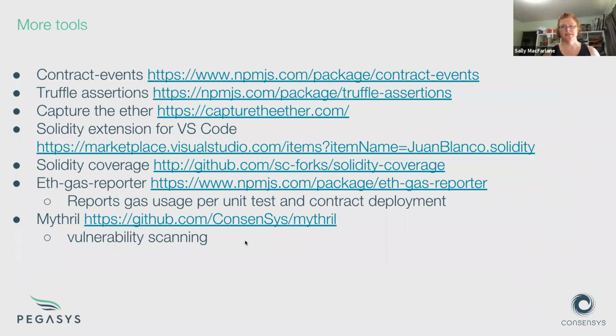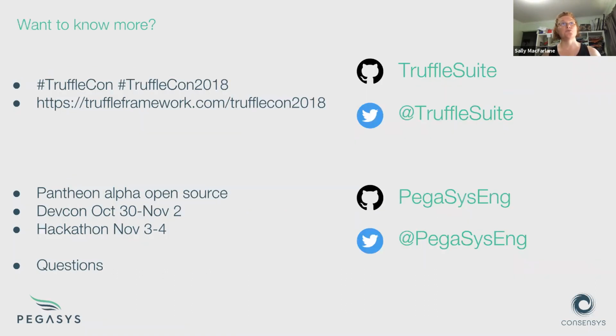And there are some links there to GitHub and Twitter for Truffle, TruffleCon, and also for Pegasus Eng, where you'll find the Pantheon open source code when it goes live on October 30.